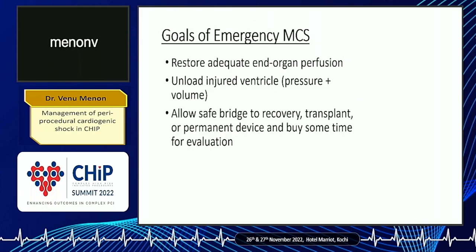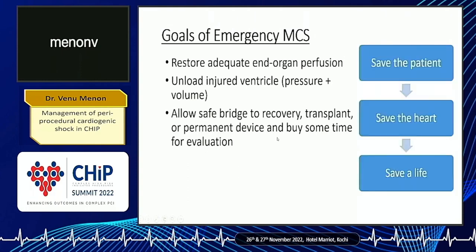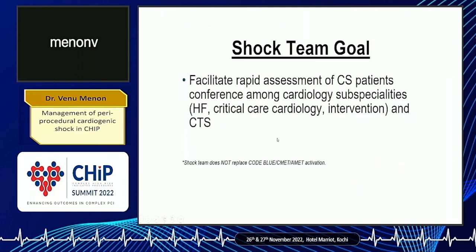The goals of emergency circulatory support, like I mentioned, is one, to restore adequate end organ perfusion. It's certainly to support the injured ventricle, and finally to allow a safe bridge to recovery, transplant, or a permanent device. As we say, to save the patient, save the heart, and save a life.